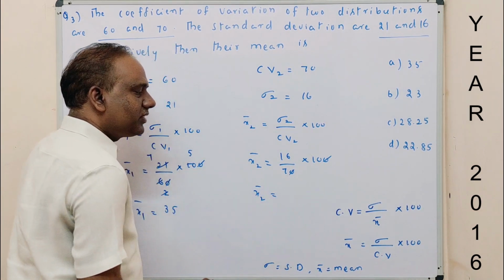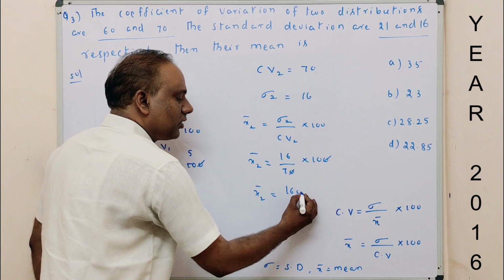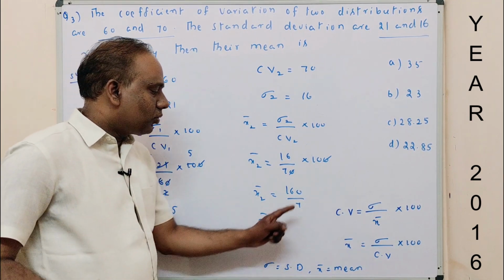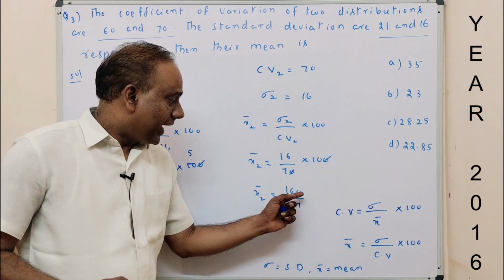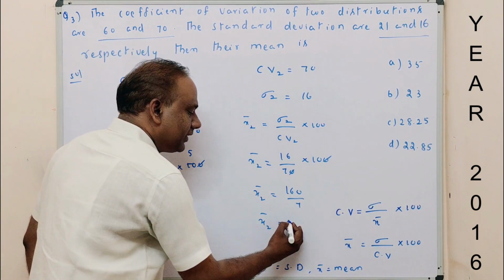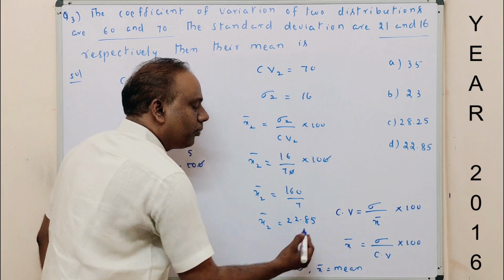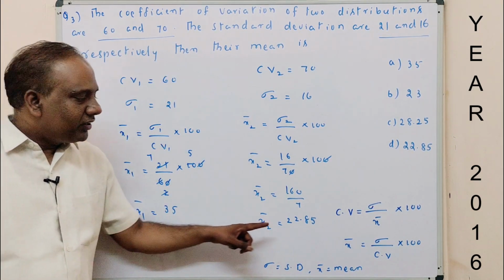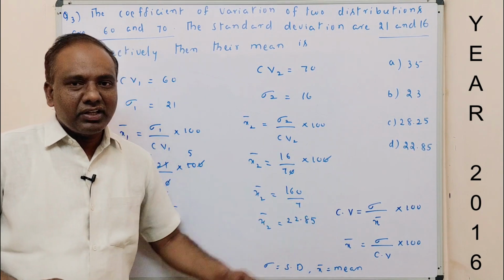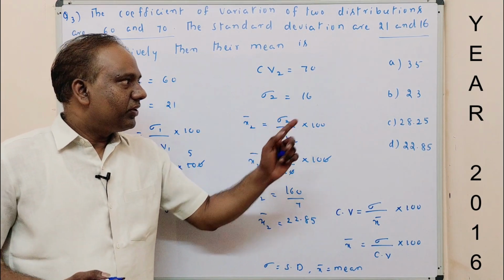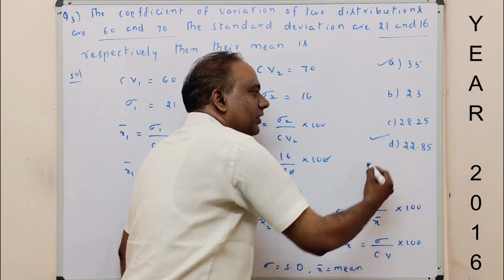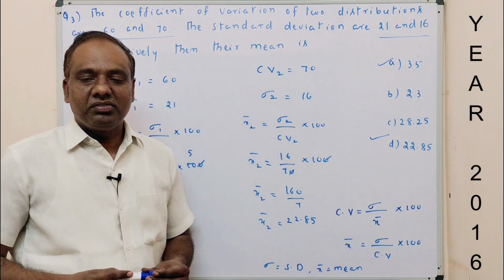The mean x2 bar is equal to 16 into 10 is 160 divided by 10. Sorry, so 160 divided by 7. Actually 160 divided by 7 is 22.85. So here the means are 35 and 22.85. Both are correct answers. So in this question, option A is correct and option D is also a correct answer.